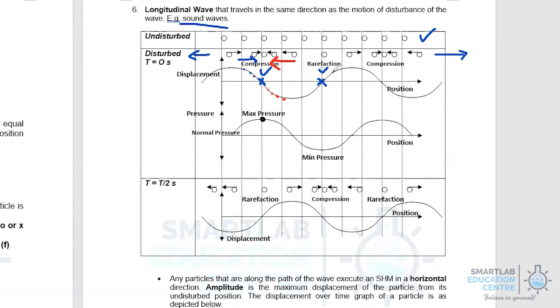Let us now take a look at rarefaction. In the case of rarefaction, the particles on its left have negative displacement, so all the particles are moving from right to left. The particles on its right have positive displacement, so they are moving from left towards right.